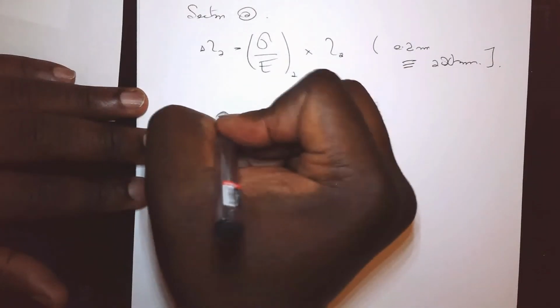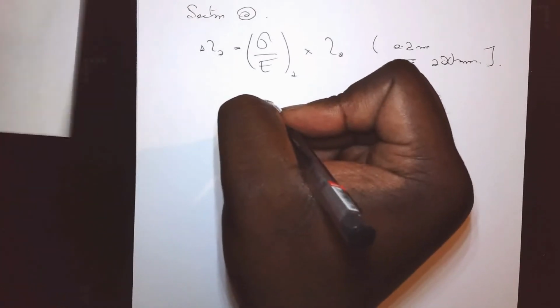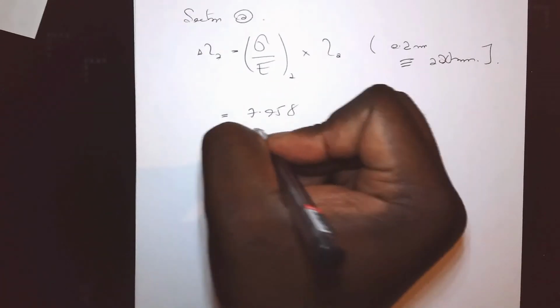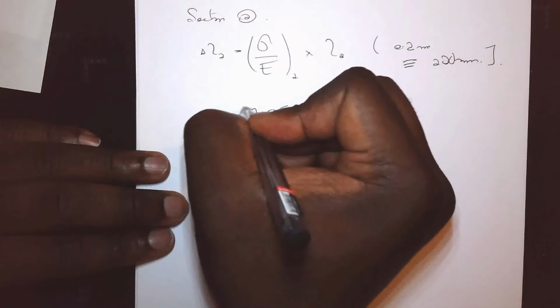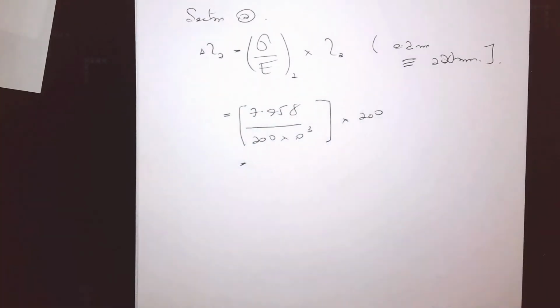So this becomes 7.958 divided by 200 times 10 to the power of 3, multiplied by 200 millimeters.